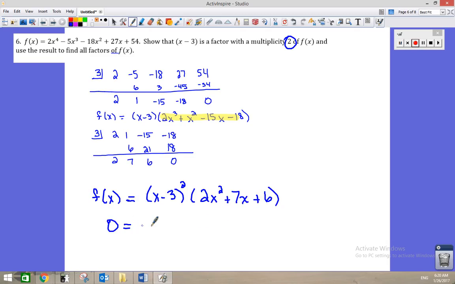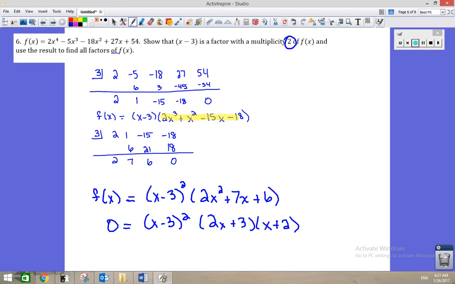Set this equal to 0 to find the remaining zeros. Use the x method if you need to factor this. I need 2 and 3, so I'll need a 2 here to get 4, and a 3 here, and 4 plus 3 is 7. I've got 2x squared plus 4x plus 3x, which is 7x.